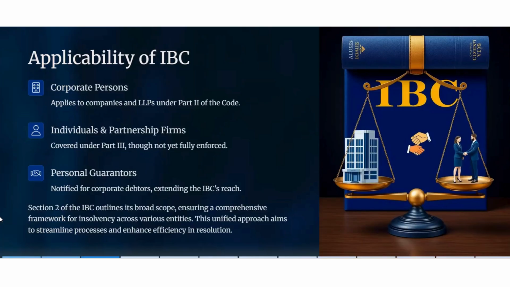Personal guarantors are notified for corporate debtors, extending IBC reach. Section 2 of IBC outlines its broad scope, ensuring a comprehensive framework for insolvency across various entities. This unified approach aims to streamline processes and enhance efficiency in resolution.